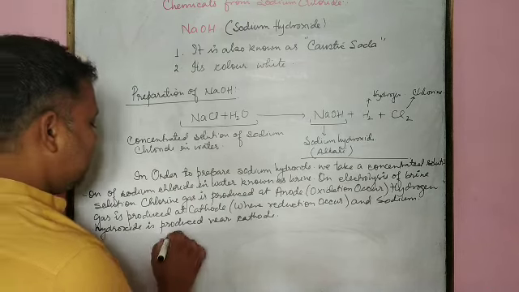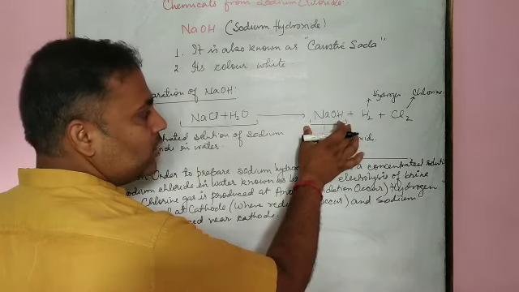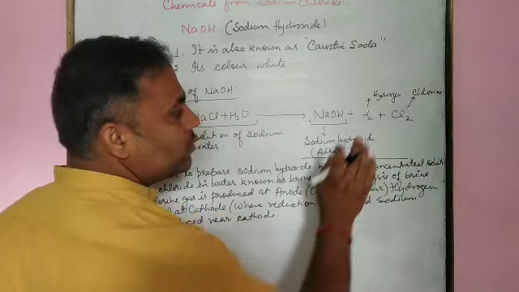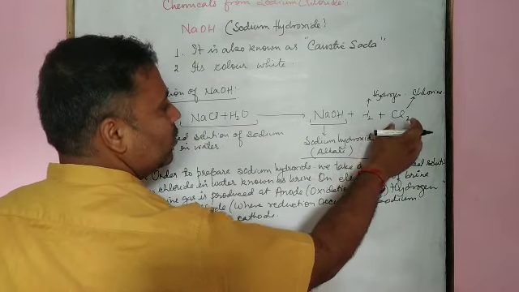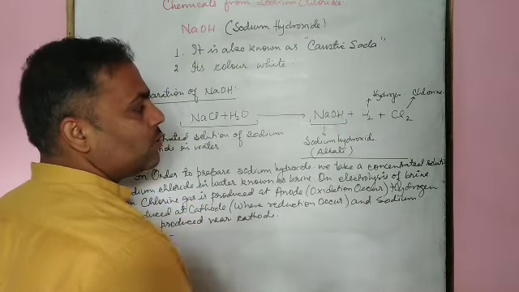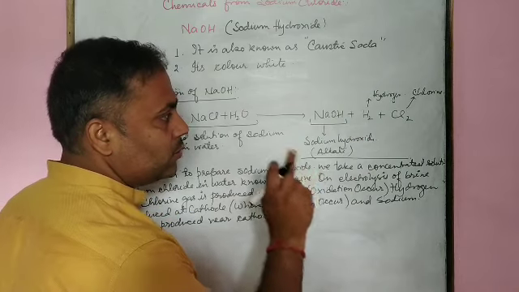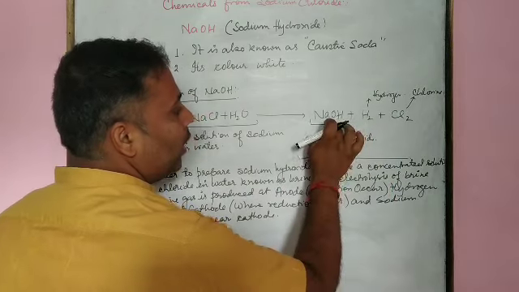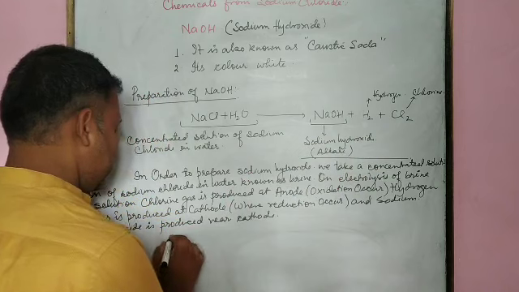As chlorine is produced and alkali is produced in the process, this process is also known as chloroalkali process.